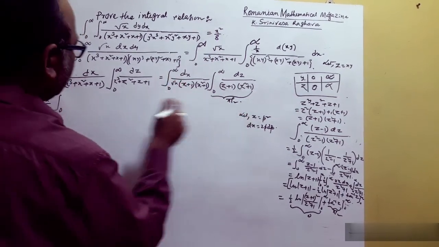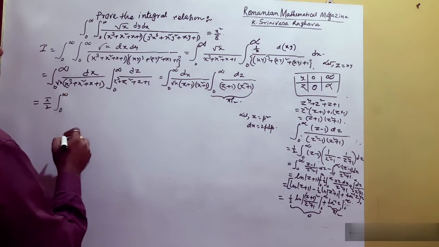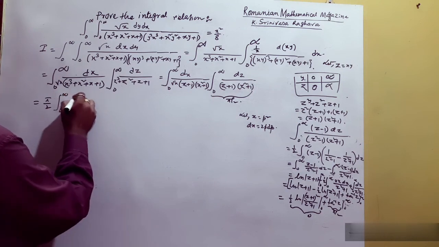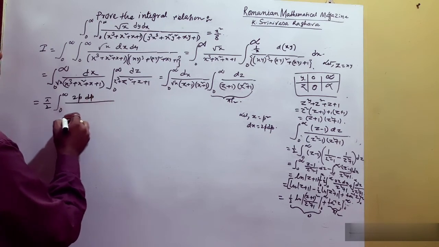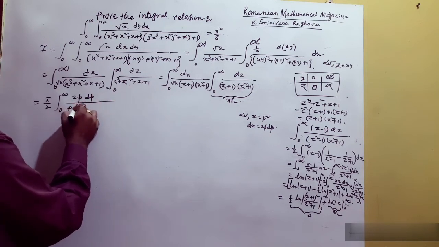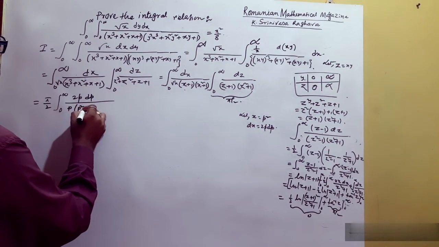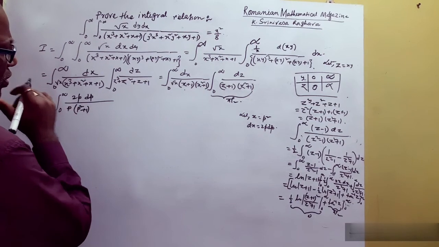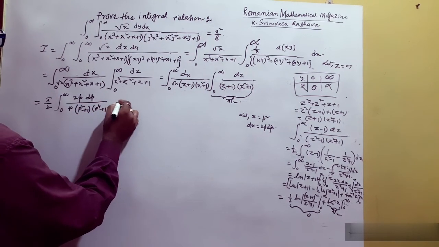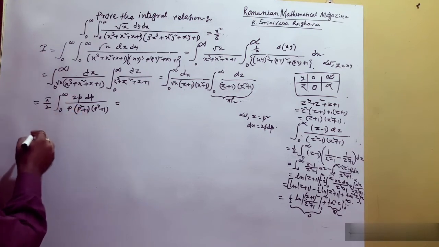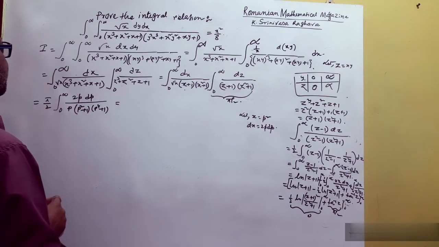Put infinity, then the value of p is infinity. That is twice p into dp, whole divided by p square plus 1, for that p to the power 4 plus 1. Okay. The 2 is cancelled and the p are also cancelled.